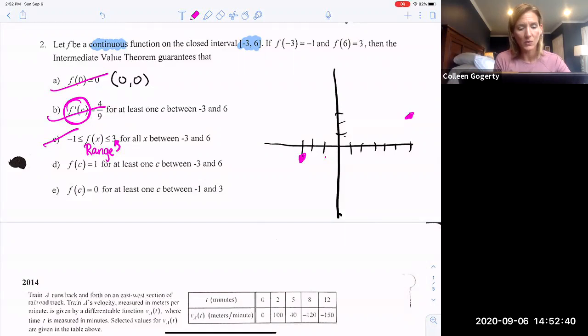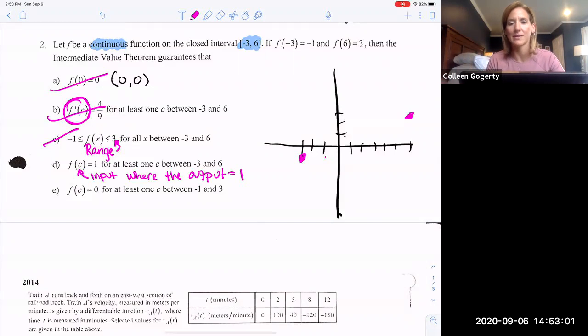f of c equals 1 for at least one c in between -3 and 6. Okay, so now they're saying c. What does this mean? That there has to be some input where the output equals 1. Does that have to happen to get from the first point to the second point?